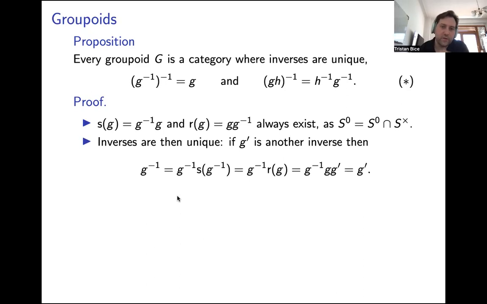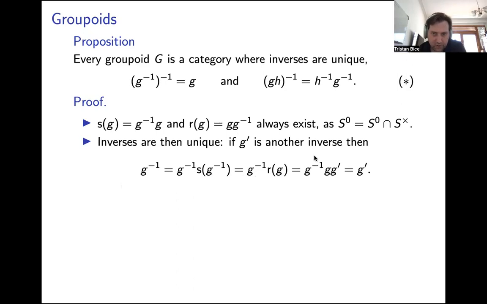Now we want to show inverses are unique. Take another inverse of G, and let's call it G prime. We know that G inverse is equal to G inverse times the source of G inverse, by the definition of a source. But as we did in the calculation on the previous page, the source of G inverse is always equal to the range of G itself. The range of G is again equal to G G inverse.